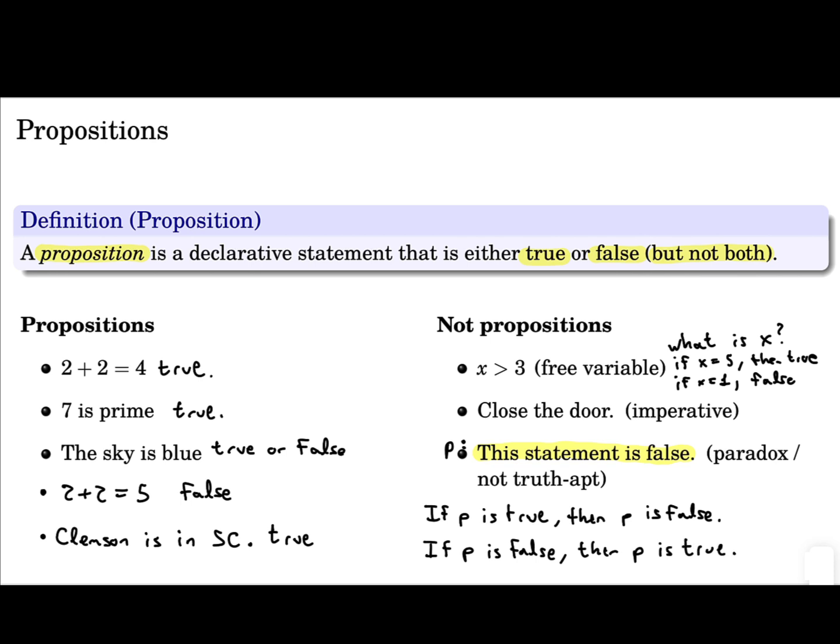So if it's false, it also has to be true. So there's no way for this statement to be only true or only false. If it's one of these, it has to be the other. And so since we can't have it being both, this cannot be a proposition, and this is known as a paradox.